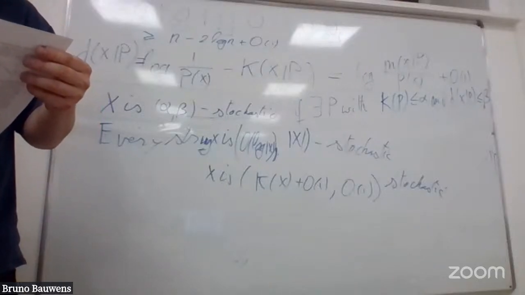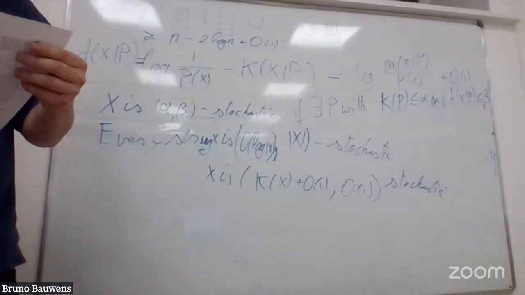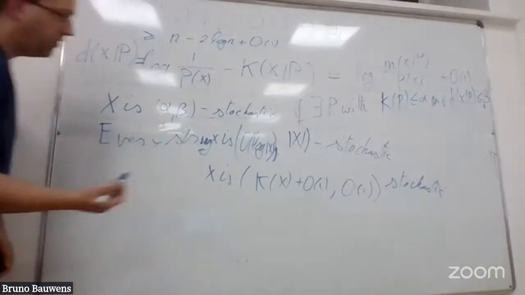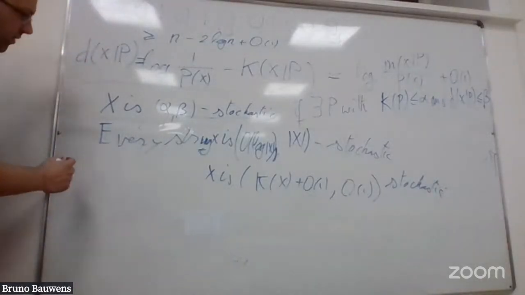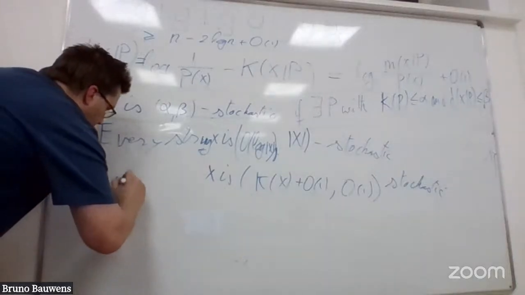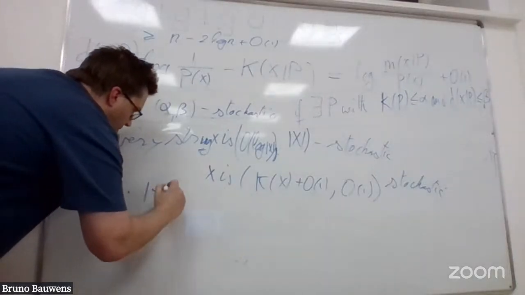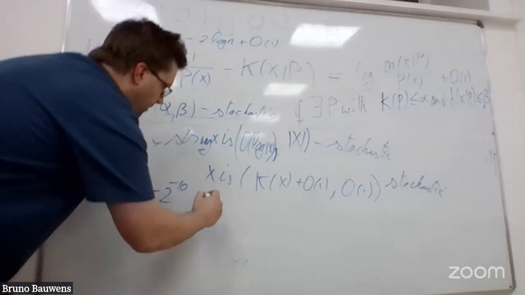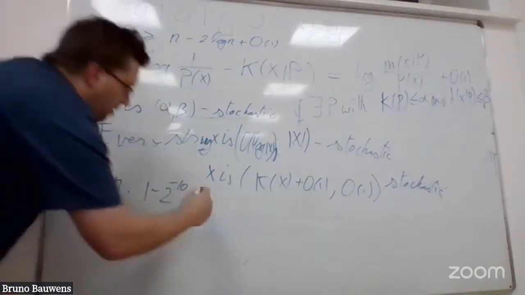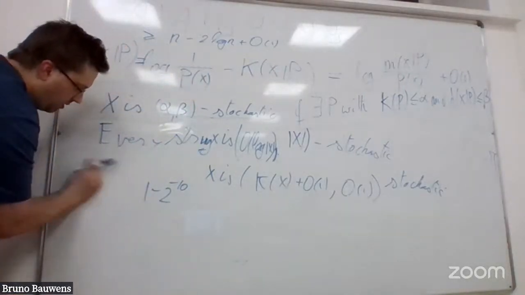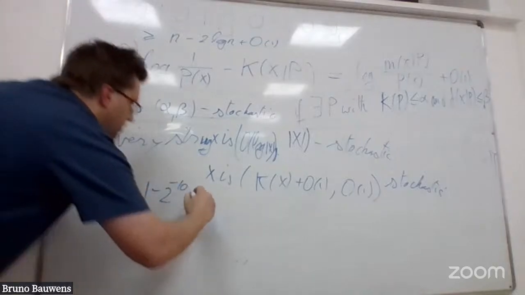Most strings of length n. Okay. Next claim: most strings of length n are O(1) stochastic. So with probability 1 minus 2 to the power minus 10, or this fraction.